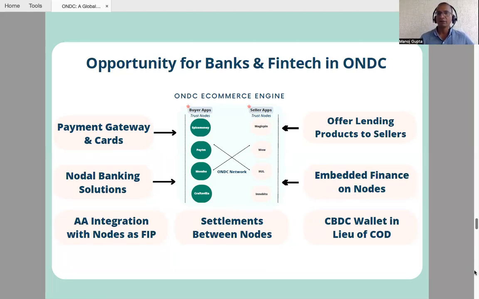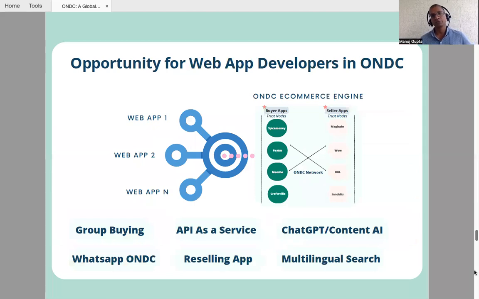Lot of opportunities. If you are a web app developer, you can get access to the network through APIs. We provide those APIs. If you're looking for APIs, you can reach out to me, Manoj at Plotch.ai. You can build a lot of interesting use cases using those APIs. For example, group buying: if you want to enable a group buying app on ONDC, you can use the APIs to create group buy.